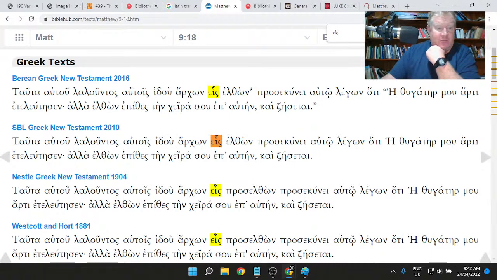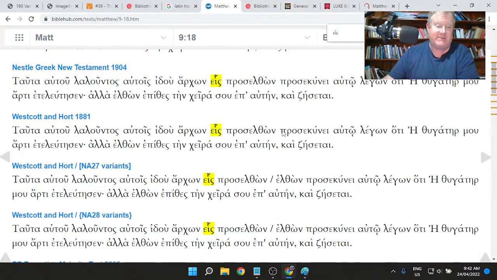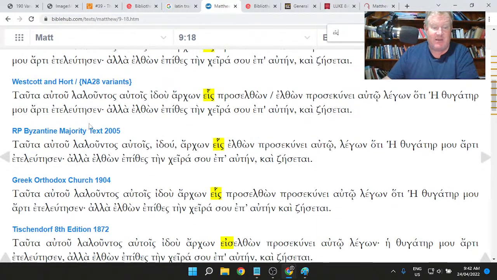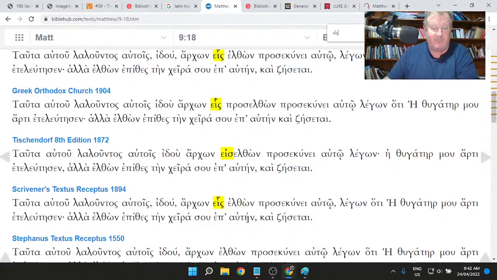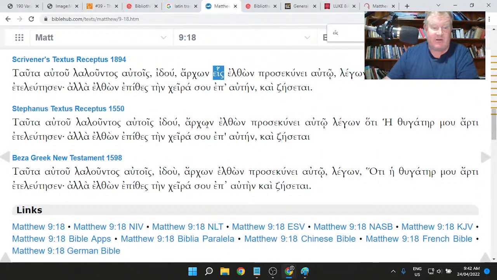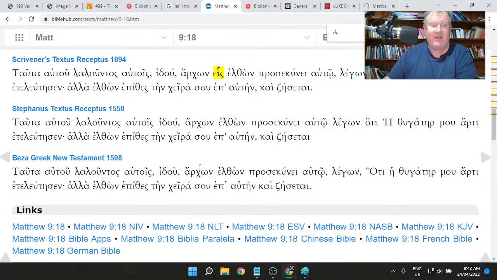But if you go through the newer texts that are coming through, they've got ἵς. Whoa, Westcott and Hort has ἵς. Just so happens to have ἵς. The 27 variants, 28 variants all have ἵς. Majority text, Orthodox Church, and then we have Scrivener's, but then the TR editions don't have ἵς, and they haven't needed to have ἵς there.